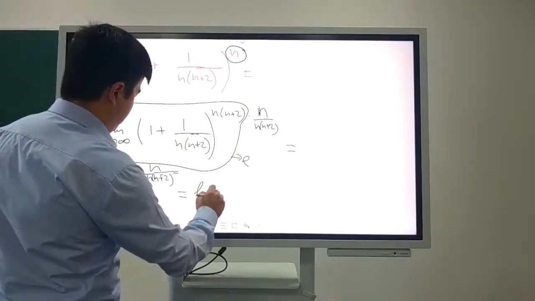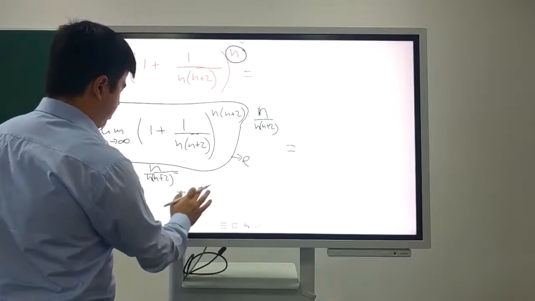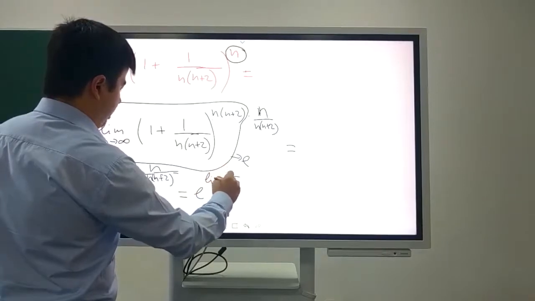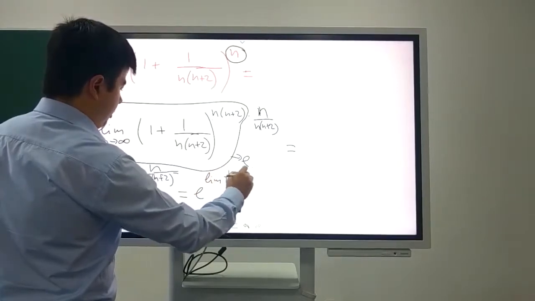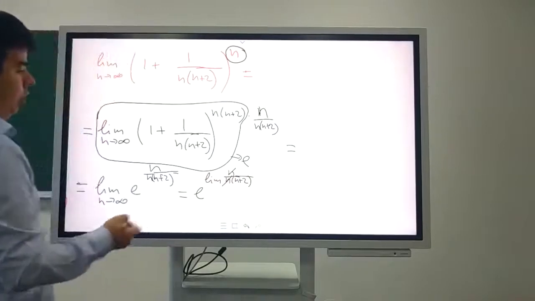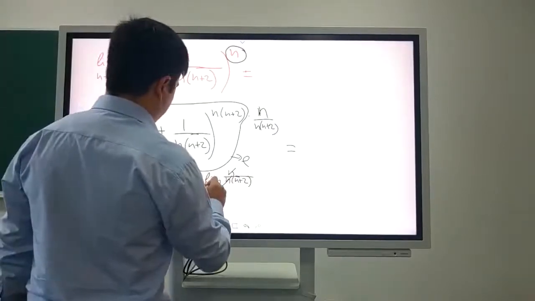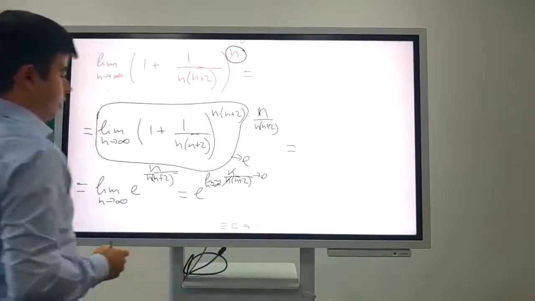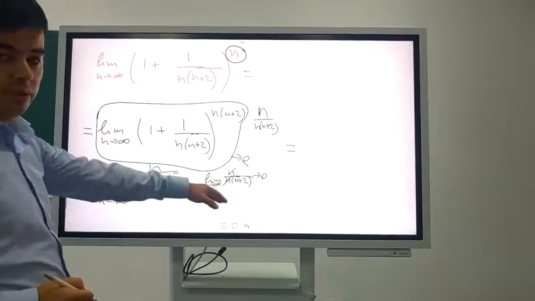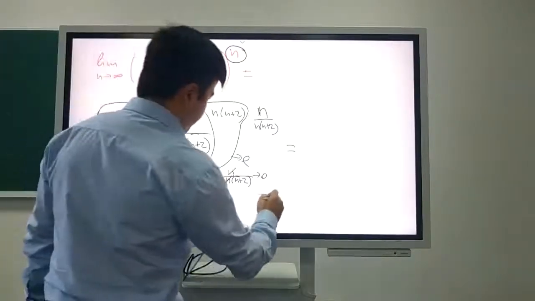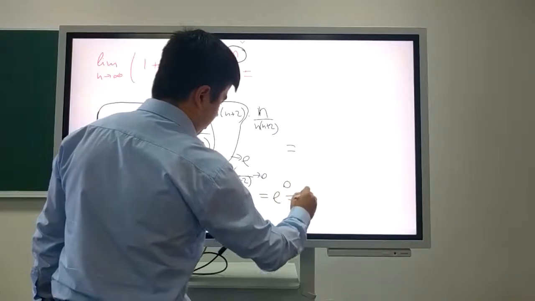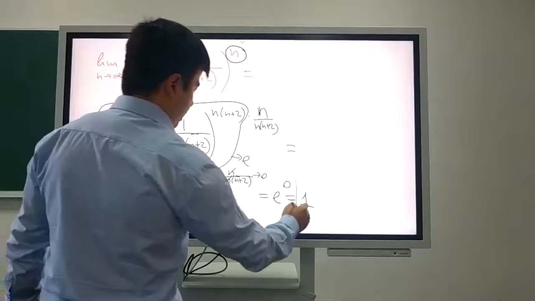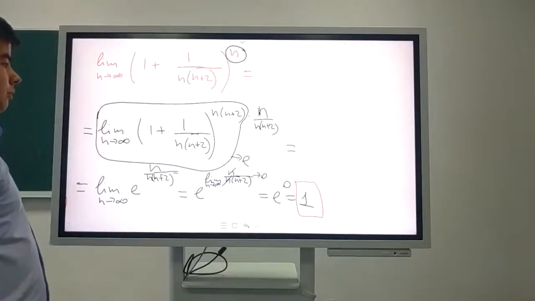Write the limit in the power: e to the power of the limit of n over n plus 2. You can cancel the 2 n's, and 1 over n plus 2, when n tends to infinity, tends to 0. And the answer is e to the power of 0, or 1. The answer of our limit is 1.